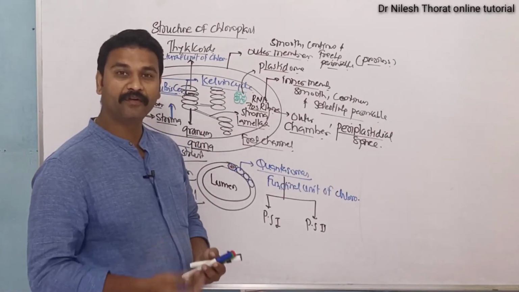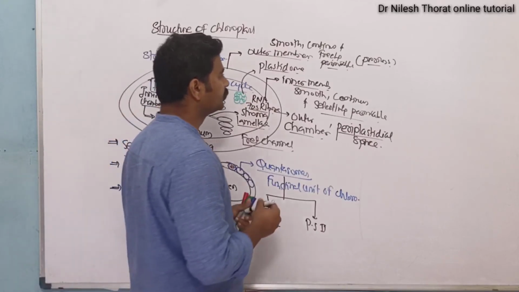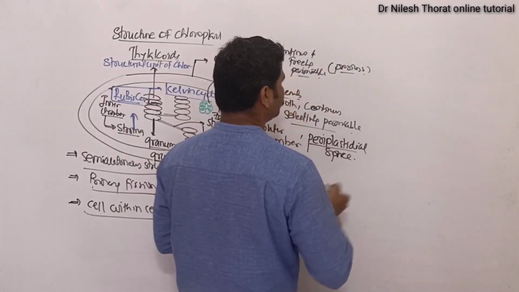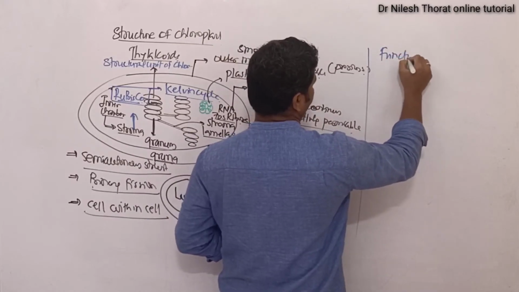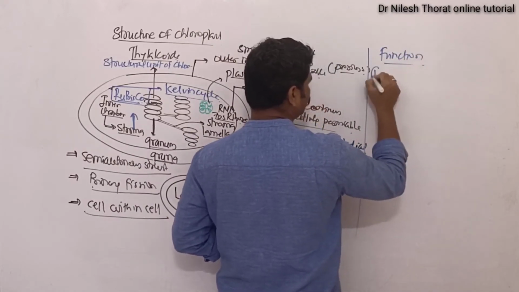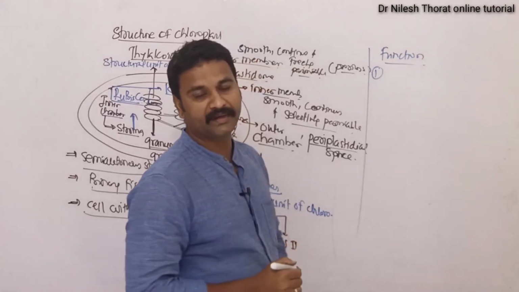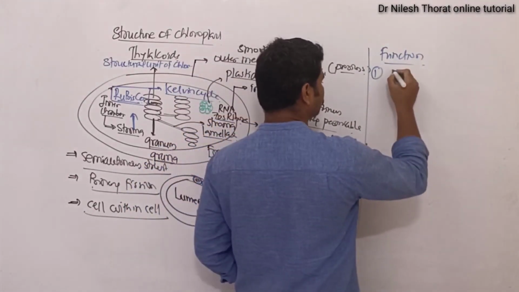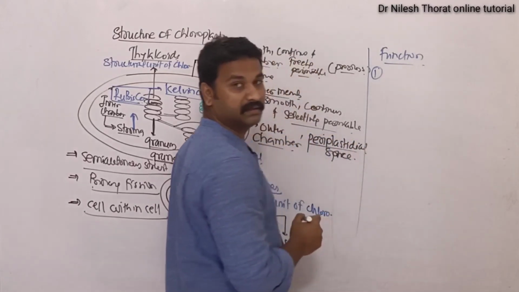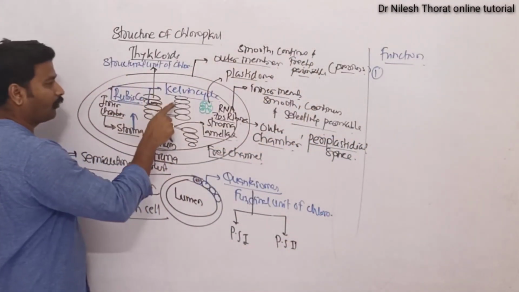Now speaking about the functions of chloroplast, the first and most important function is synthesis of ATP, and that reaction takes place in the thylakoids of chloroplast.